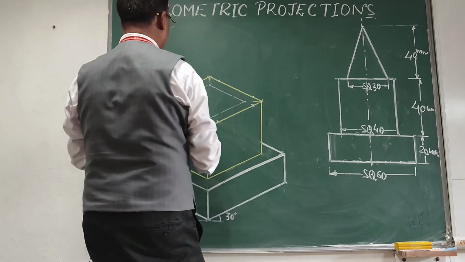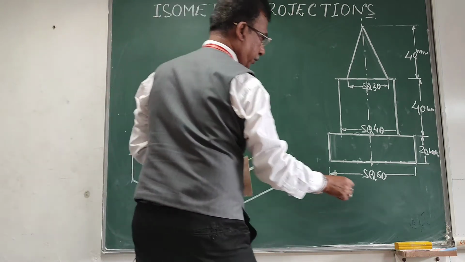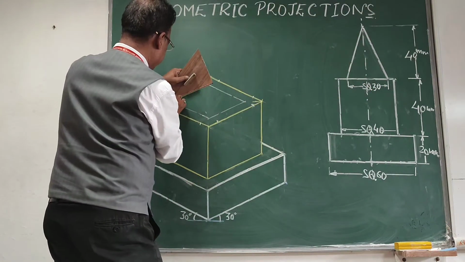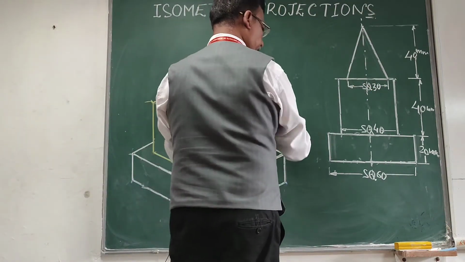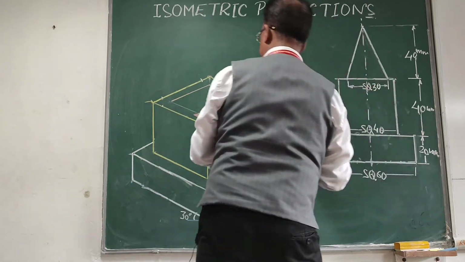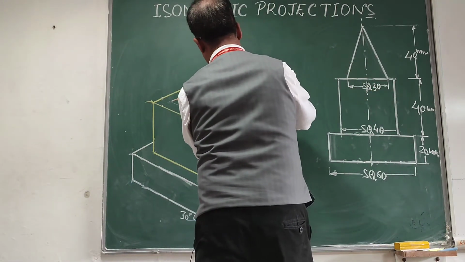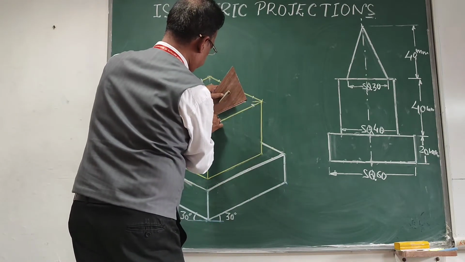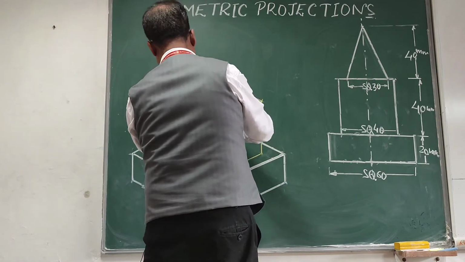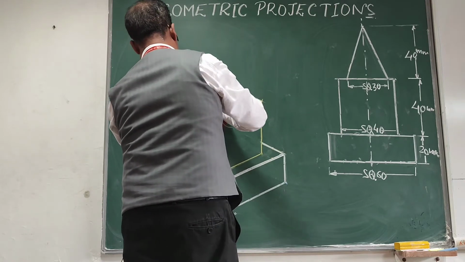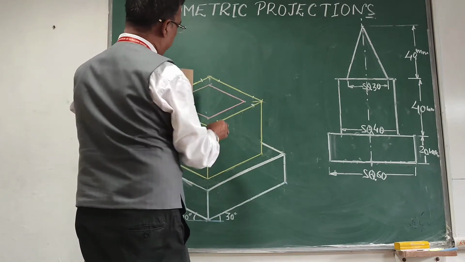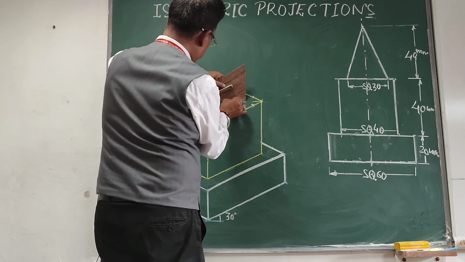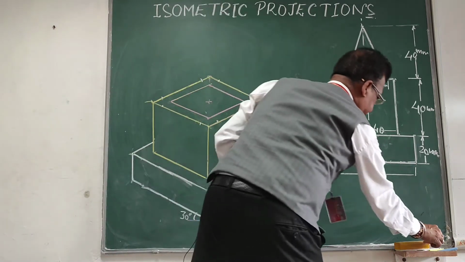And they all must lie in the same line. So that is the figure. If I take another color for this one, this is the lower part of my solid, and here we have its center.